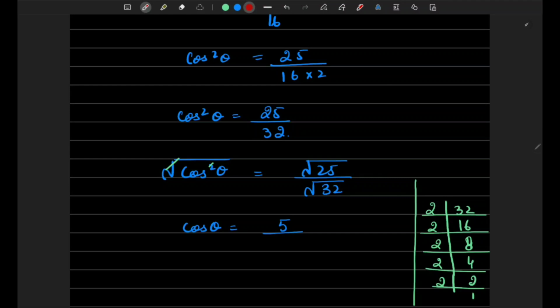Now making pairs. The pairs are written as 2 into 2, 2 into 2 and 2.